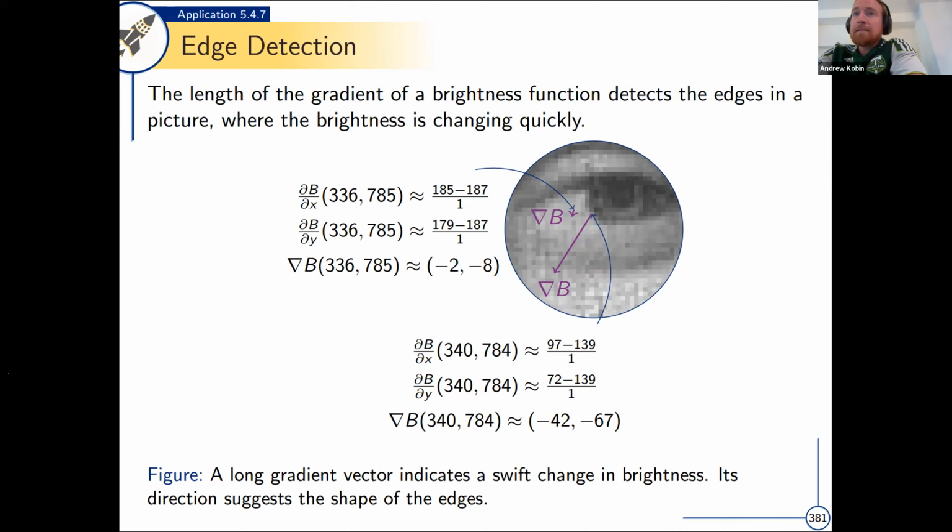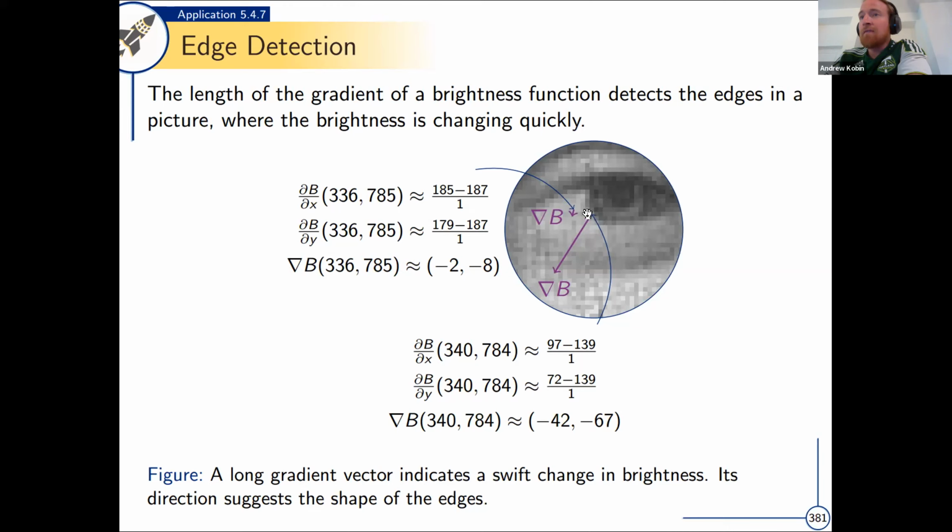So if the brightness function is capital B and we measure the following partial derivatives of the brightness function in each of the x and y directions, and you can actually do this explicitly if you have the function, or if you have a table of values of brightness at each pixel, then these two partial derivative values thrown into the components of a vector will give you the value of the gradient vector at this point.